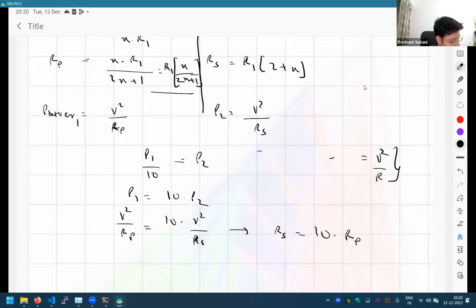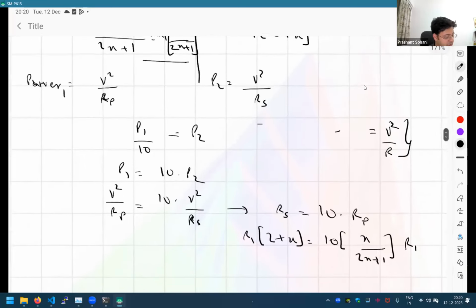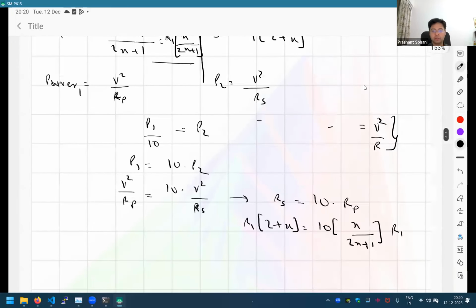And so therefore R1 times 2 plus X is equal to 10 times RP, which is X upon 2X plus 1 times R1. So again, R1 is going to cancel and we are going to get an equation purely in terms of X, right? So if I rearrange this, I'm going to get 2X plus 1 times X plus 2 is equal to 10X.